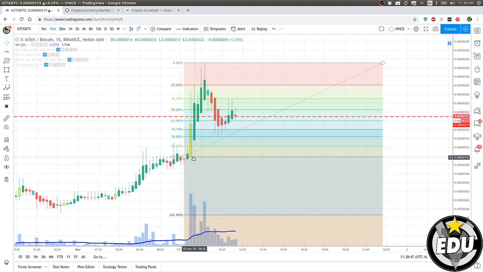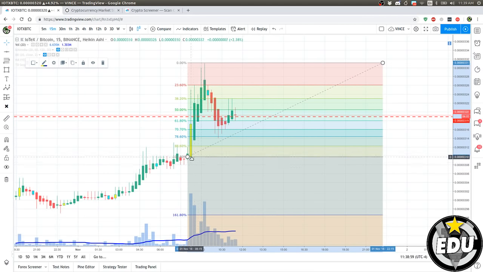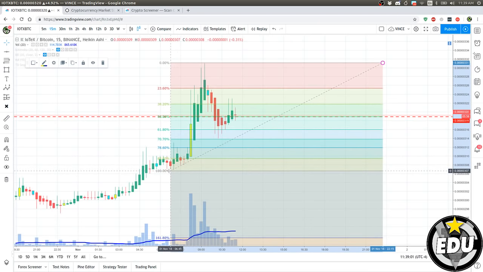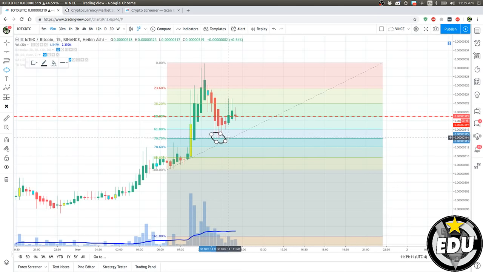So, considering the last wave, the wave retraced about 78% if we trace from the pump here, from where it broke. But if we consider from the lowest point here, we have a perfect 70% bounce, which is a bounce that we're constantly watching and noticing in every single chart, which is pretty important, I guess.